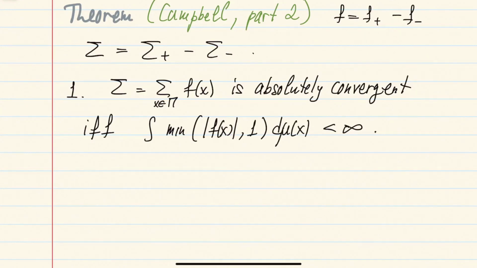So we know that the convergence for the positive and negative part just means that this truncation is convergent for both the positive and negative part of f, and so that's exactly this condition here.